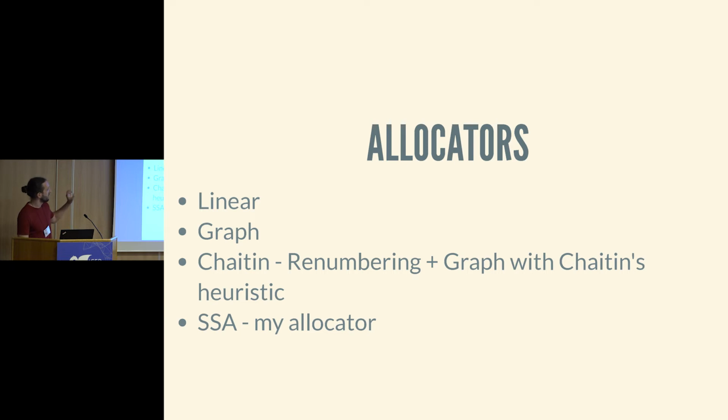But there's one called Chitin, where I took the graph coloring allocator and ran a renumbering phase before it based on SSA, because NCG emits some disjoint live ranges with the same virtual register name, which then have to be assigned to the same physical register, which over-constrains them and poses a problem. And I've also used the classic cost heuristic.